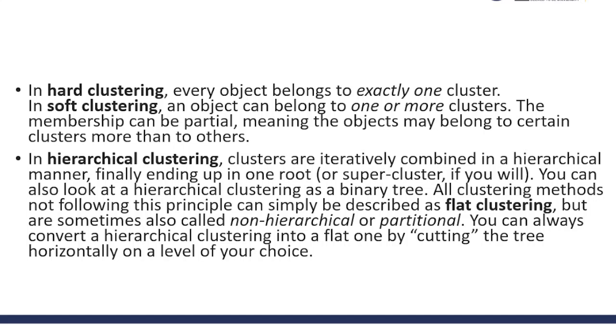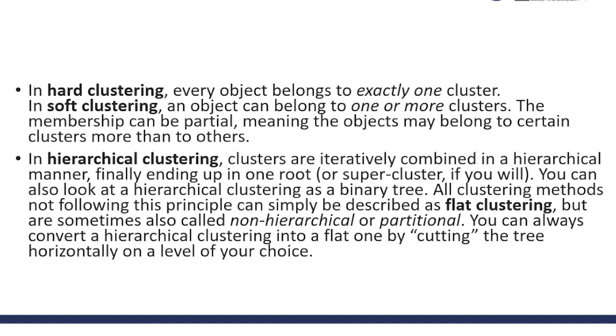Then we have hierarchical clustering. In hierarchical clustering, the clusters are iteratively combined in a hierarchical manner, and finally we get a supercluster which includes everything, and within that we have subclusters which talk about a particular cluster kind. Hierarchical clustering is like a tree-like structure where the root has everything, and within it there are other clusters.